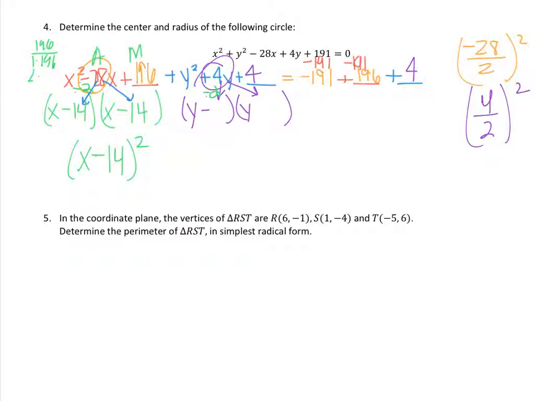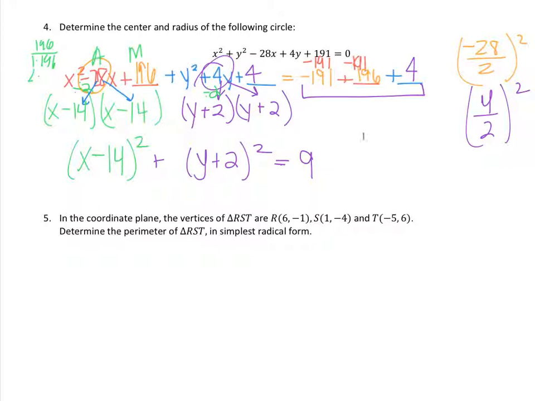This gives you y plus 2, y plus 2. So we have y plus 2 quantity squared with a plus sign, an equal sign, and on the right hand side, these 5 numbers sum to 9.